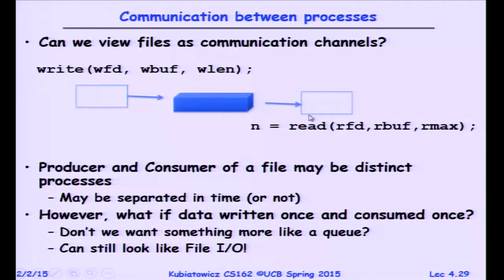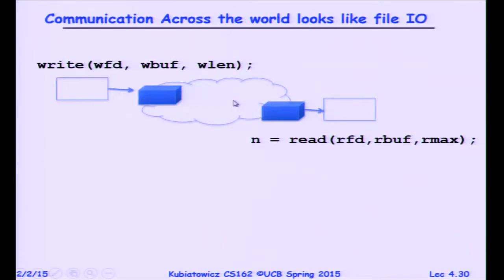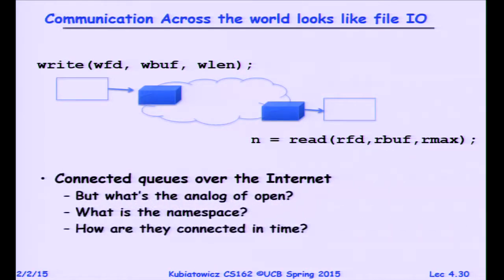The mental model you ought to have here is it's just like a file. I'm writing to the file, I'm reading from the file, and I just happen to be distributing this thing over geographical distance. All right, and basically this is an abstraction for connected queues over the internet, but you start asking the following questions, like what does open mean? Right? I mean, obviously with a file, it's clear what open means.